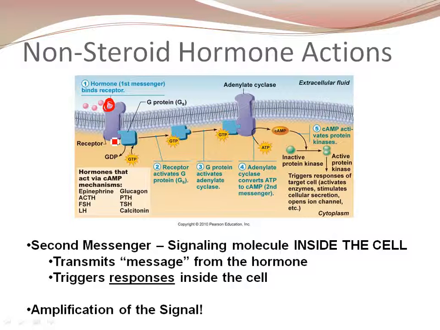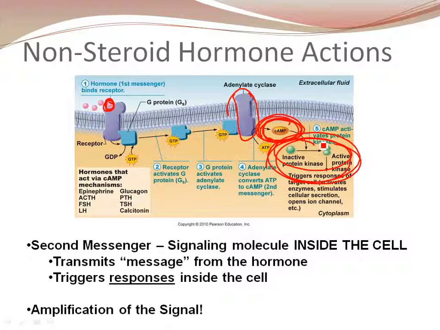Whenever that happens, that's going to lead to activation of these enzymes. These enzymes can be reused over and over and over again. So one single enzyme is going to make a whole bunch of the second messenger, whatever that may be. And then these can each activate a whole bunch of other enzymes that are going to lead to the responses in the target cell.